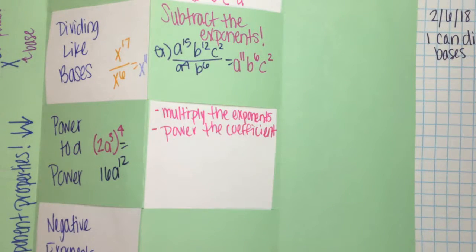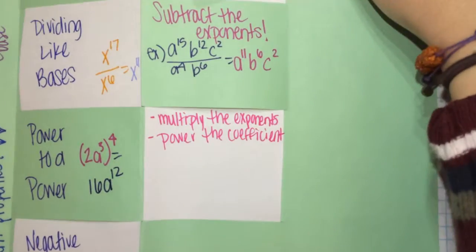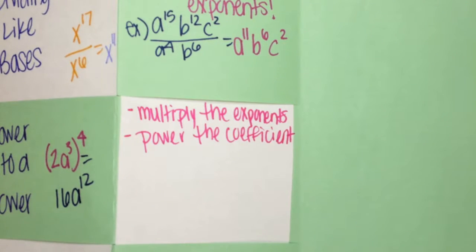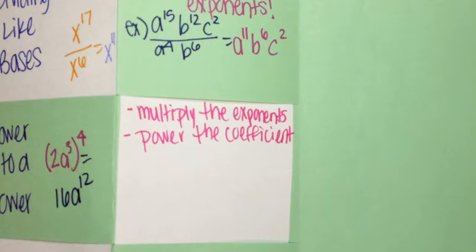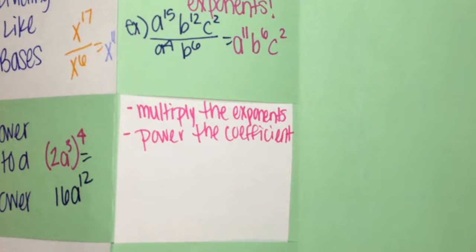If I write power the coefficient, will you guys understand that you do 2 times 2 times 2 times 2? Okay, hope so. Love it when you answer me. If we write power the coefficient, are you going to be able to remember that that means you do 2 times 2 times 2 times 2, or 4 times 4 times 4 times 4? All right, pumpkin sauce.